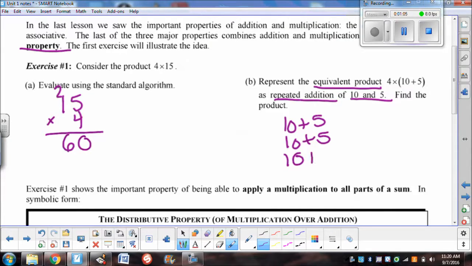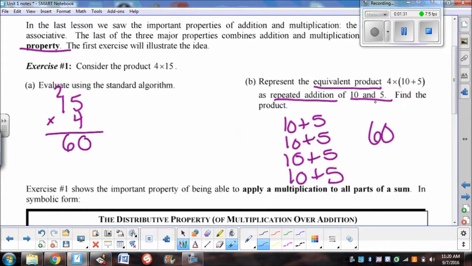That's repeated addition. I would think, okay, groups of 10: 10, 20, 30, 40, 50, 60. Just another way of thinking about repeated addition to get to the multiplication.